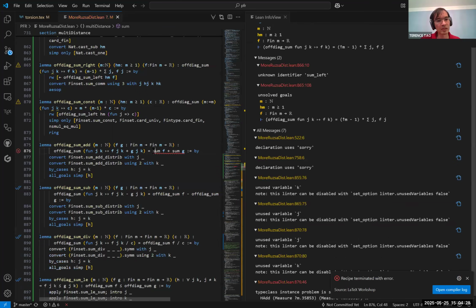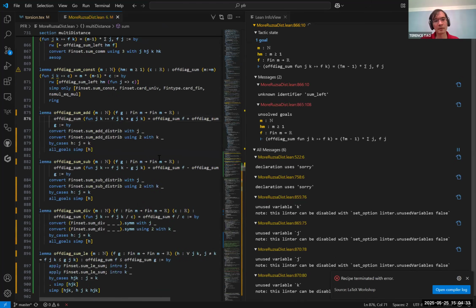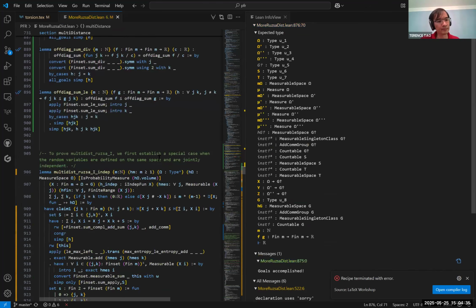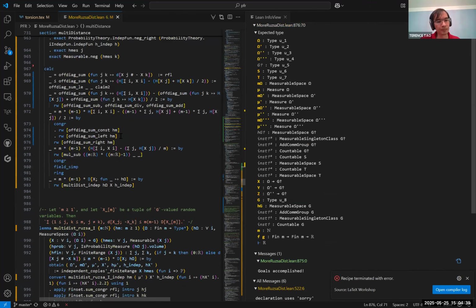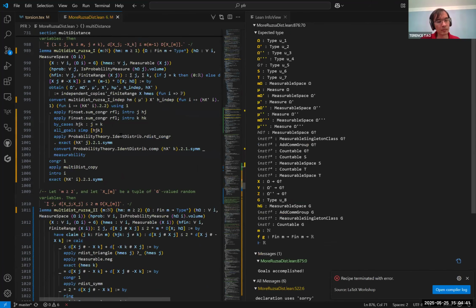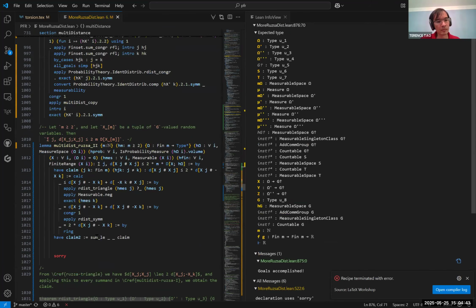This guy's going to change as well. Actually, I may as well just recycle this namespace here. Okay, so let's see if it compiles properly.